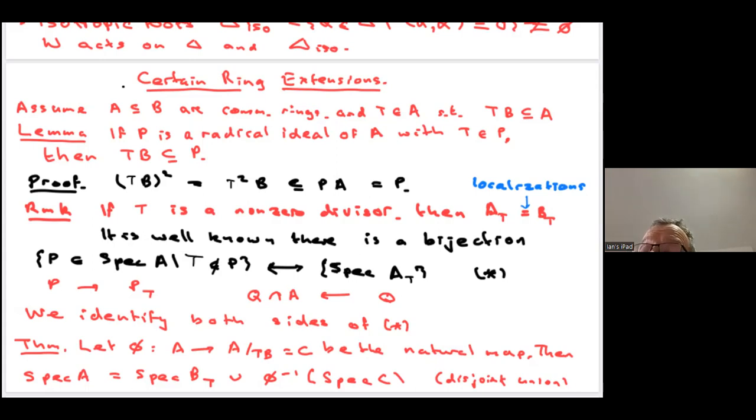And if you identify both sides of this equation (star), then you are able to write Spec A as a disjoint union of Spec B_t and the inverse image of C, where C is A over tB. All right.